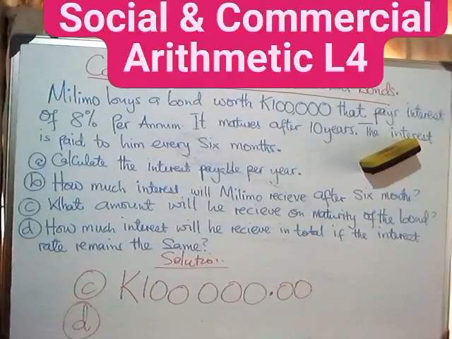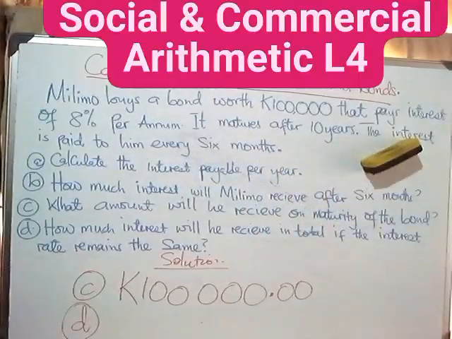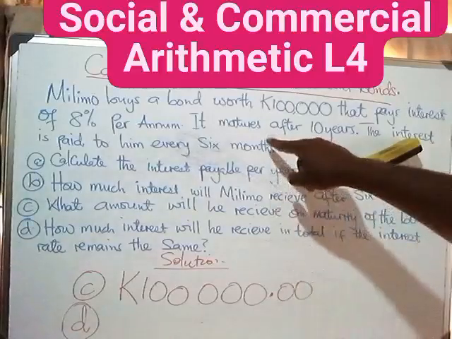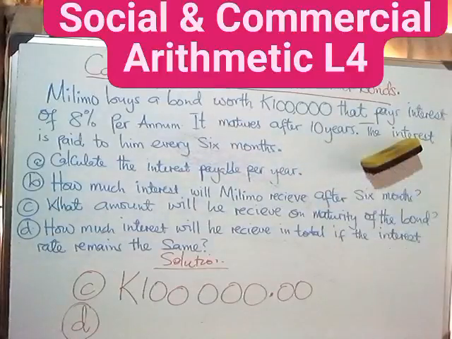Which total is that? The 10 years period which we have. Milimo buys a bond that pays interest per annum, and it matures after 10 years. So we are going to multiply the number of years by the interest which this person got every year.